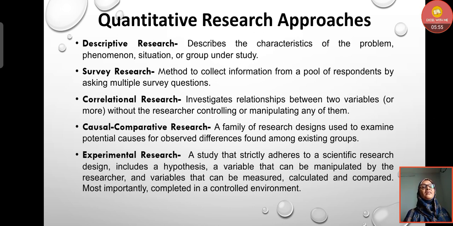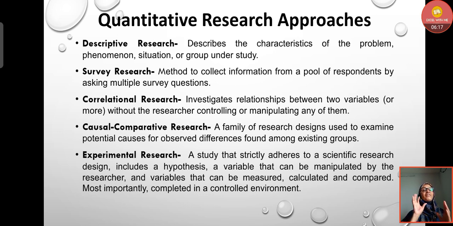Then experimental research, a study that strictly adheres to a scientific research design, includes a hypothesis, a variable that can be manipulated by the researcher, and variables that can be measured, calculated and compared. Most importantly, it is completed in a controlled environment.